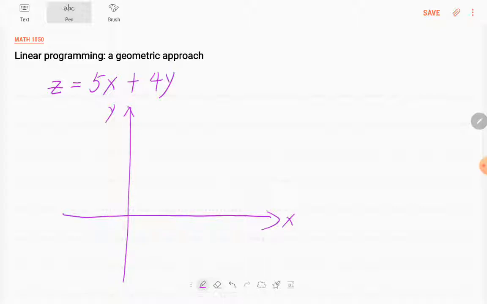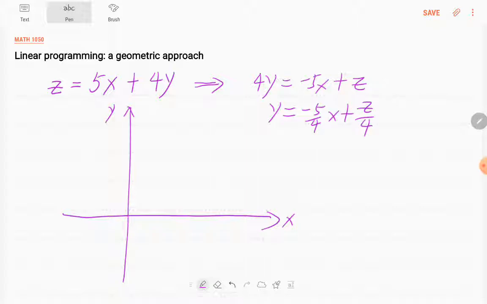If you solve for y in this equation, you have 4y equals negative 5x plus z, and then y equals negative 5 over 4 x plus z over 4.